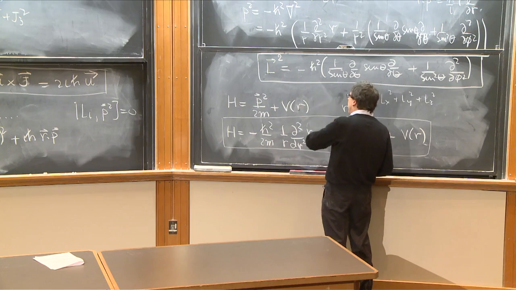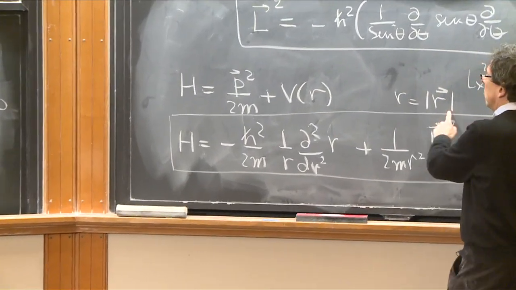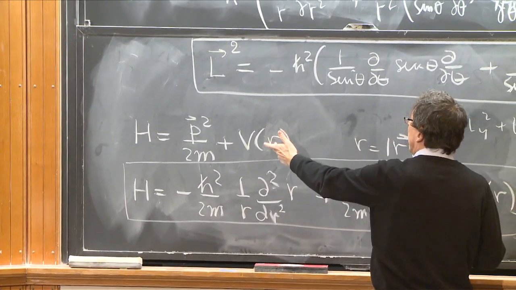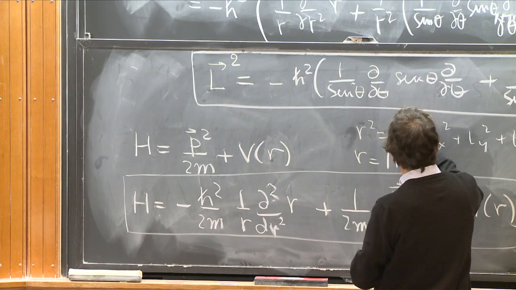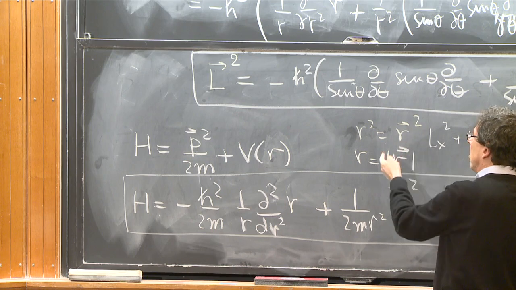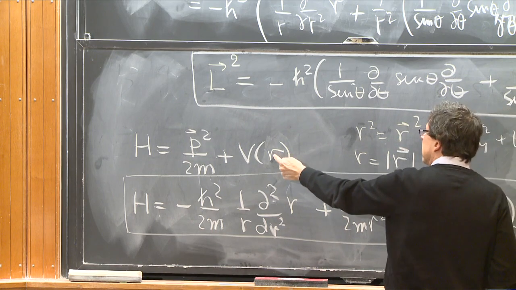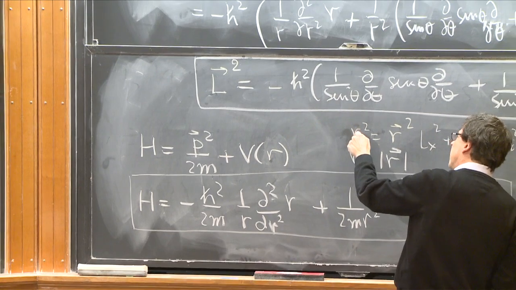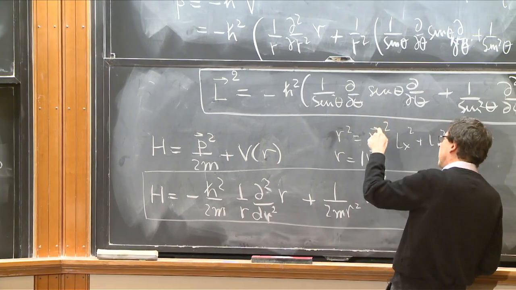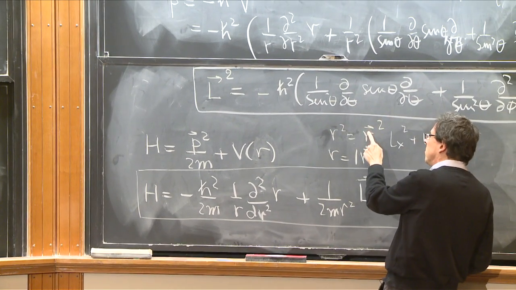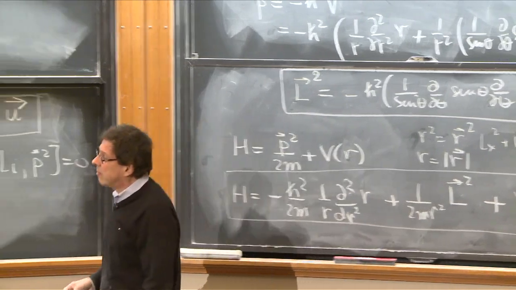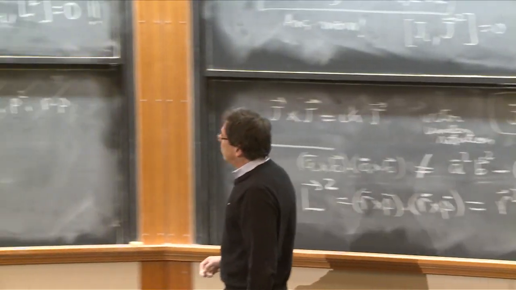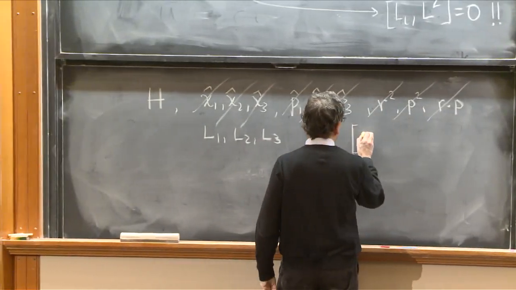Moreover, v of r is a function of r squared, and r squared is the vector r squared. So ultimately, anything that is a function of r is a function of the operator r squared, which also commutes with all the Li's. So H commutes with all the Li's, and that's a great thing. This is absolutely important.